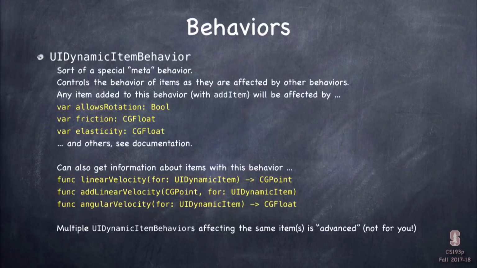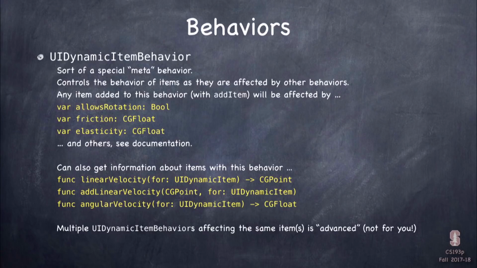Okay, another one is a UIDynamicItemBehavior. This is like a meta behavior. This is a behavior where you specify things like friction and elasticity and whether you allow rotation of the view as it's bouncing off of things. And this affects how all the other behaviors work, right? If you add more friction, then obviously gravity pulls on things, they move slower because they have friction, etc. You can also ask the UIDynamicItemBehavior about all of its items, things like what's your current velocity?